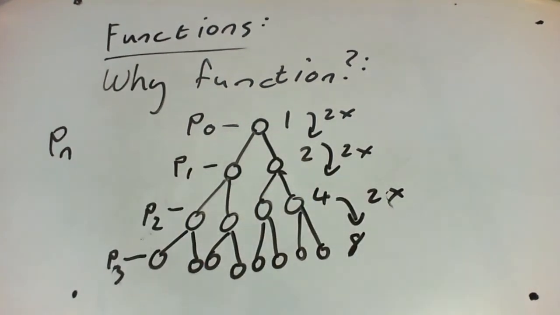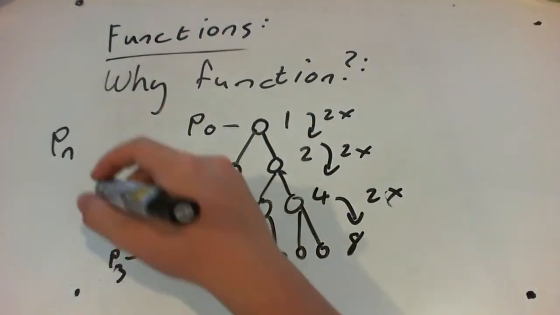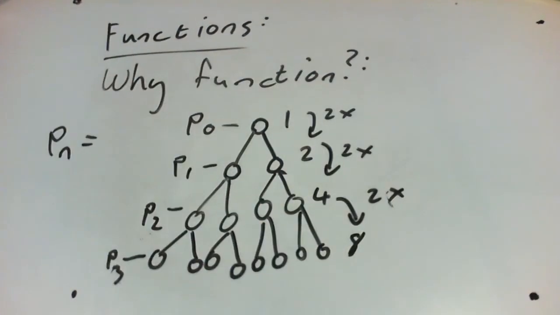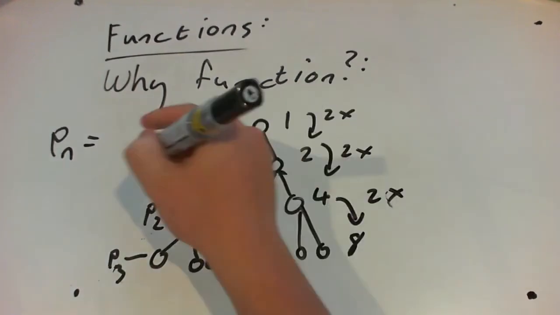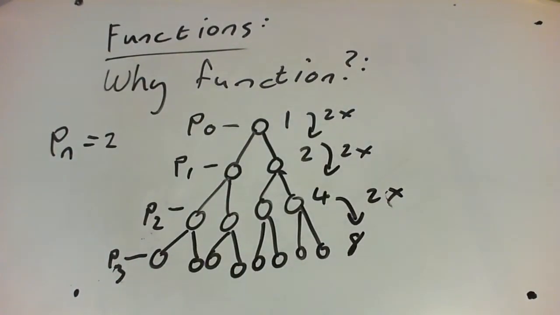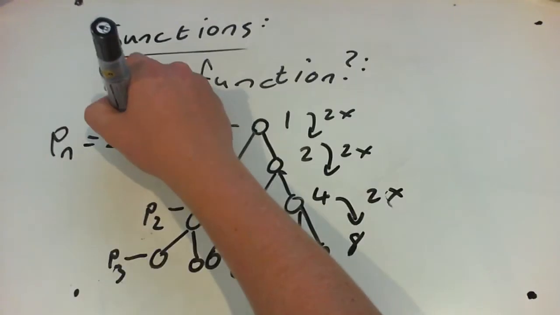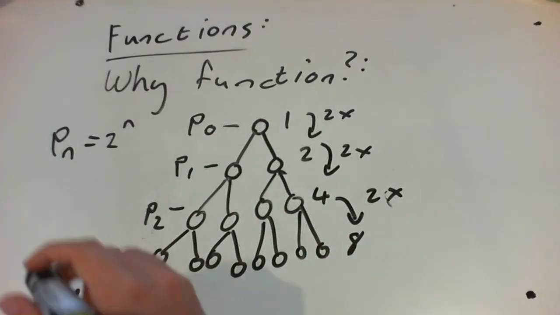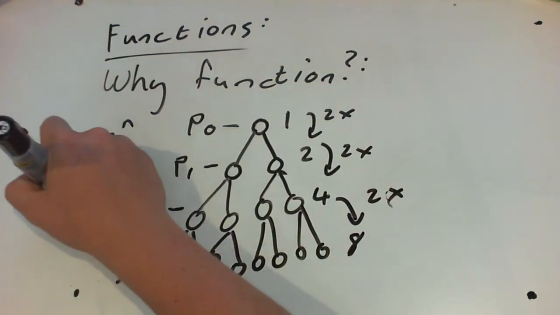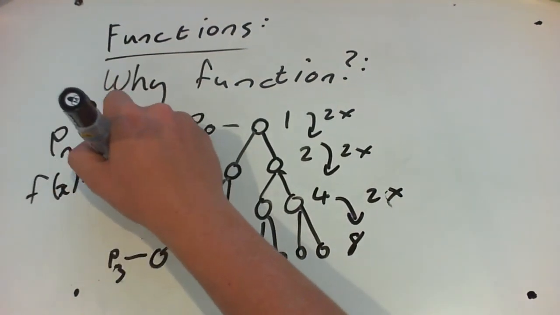And this is one example of a function. Because what we see is, how much is your function growing? By 2. And because it's exponentially growing, we'll have to put it on the top there. And this is an example of a function because we get f of x equals 2 to the x.